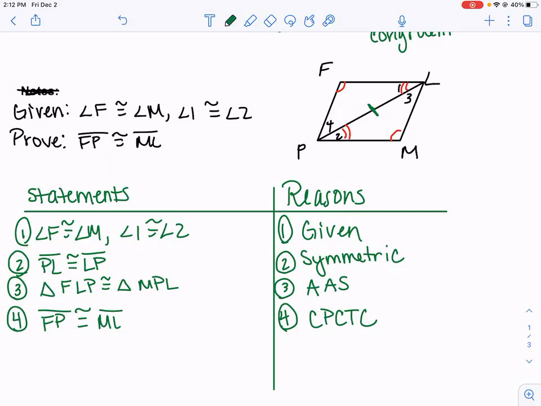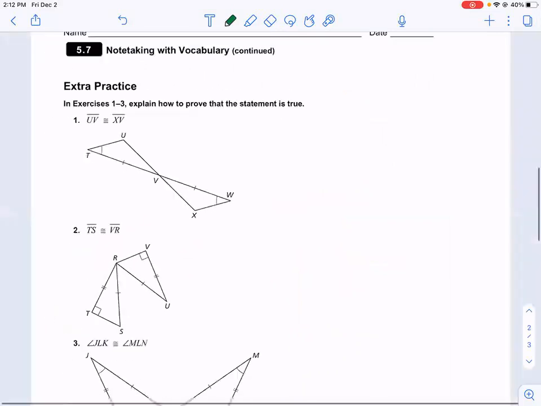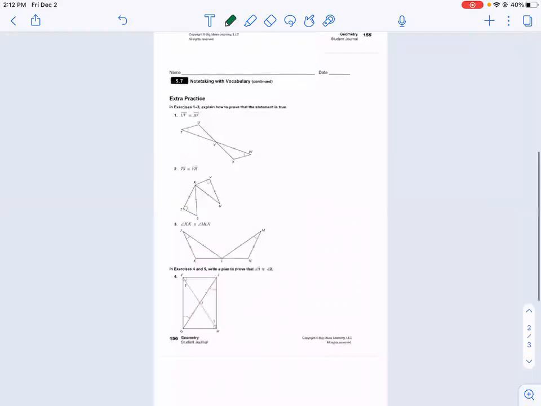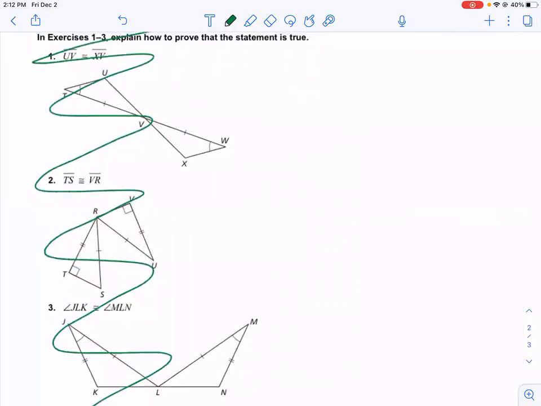All right, let's go ahead and go to the next page and let's do one more proof together, just so we know we have it under control. We're actually not doing any of these right here. I'm just gonna use this blank space, okay?